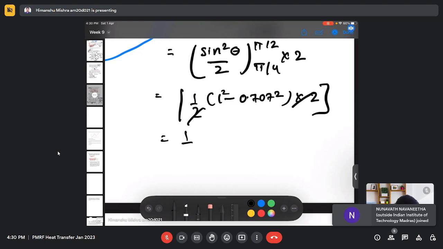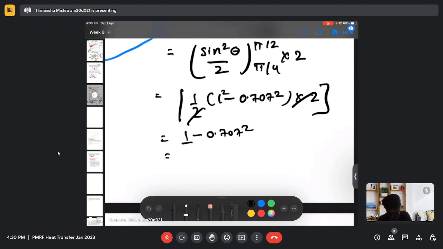So my 2 cancels, and it will be 1 minus 0.707 square. So this is approximately equal to 0.5. So it will be 1 minus 0.5, which is 0.5.